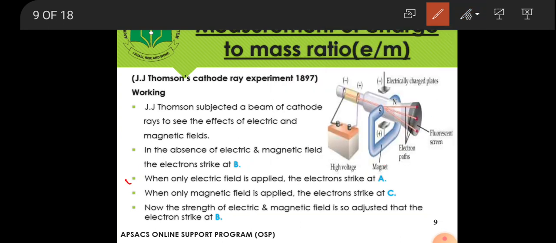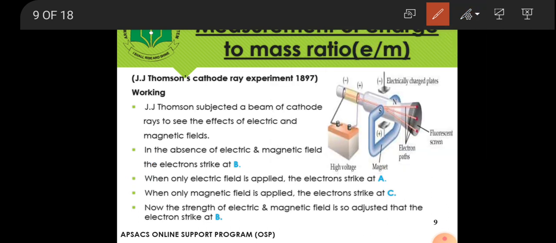Then, when only the electric field is applied and the magnetic field is off, the cathode rays are deflected and strike at point A. Why? Because the cathode rays always move towards a positively charged electric plate. So the deflection was towards the positively charged plate, and the electrons strike at point A when the electric field is on.